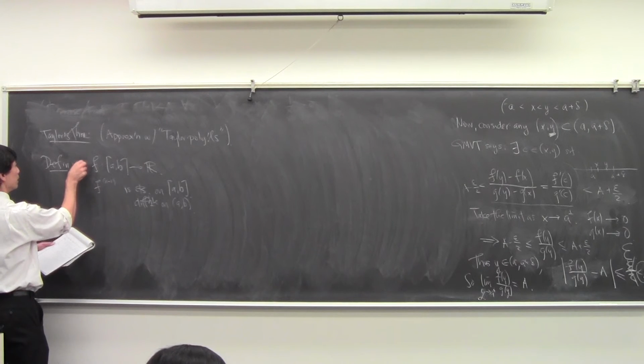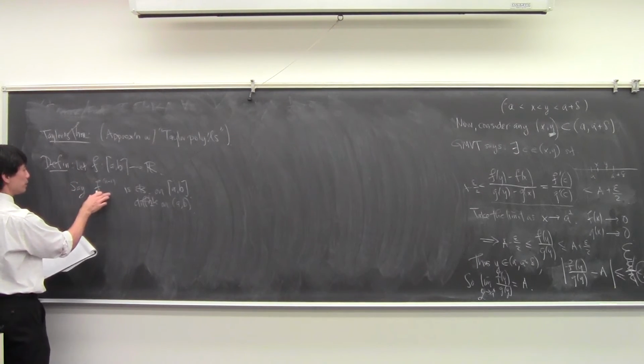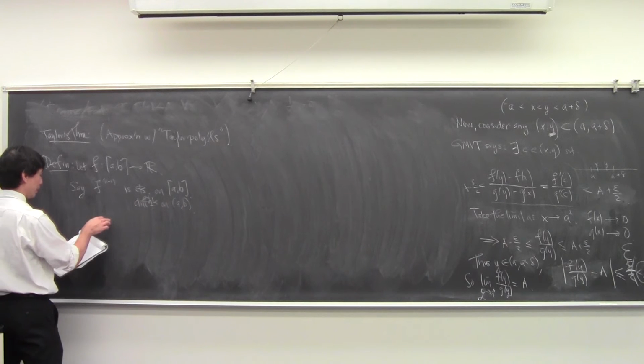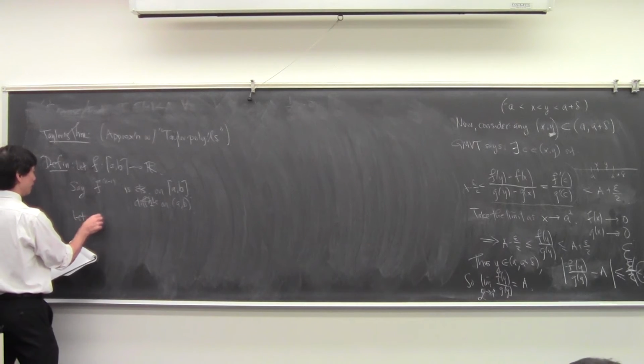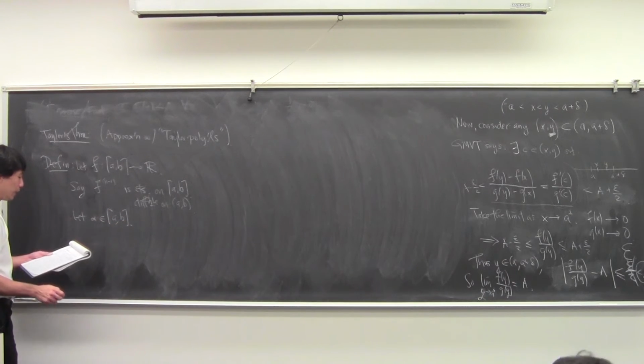So let f be a function and say the n-1th derivative is continuous on the closed interval and differentiable on the interior of that interval, and let alpha be some point in the closed interval [a, b].